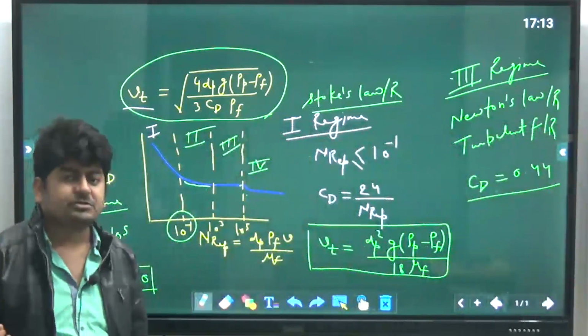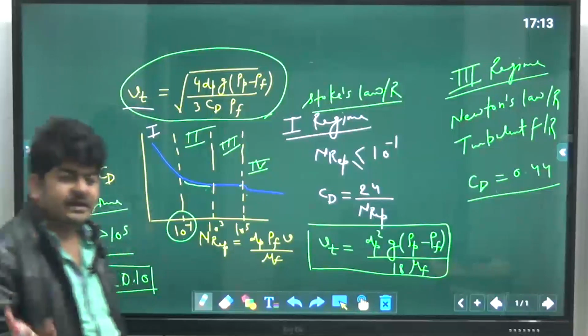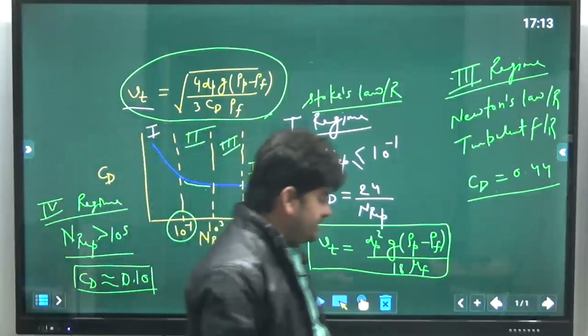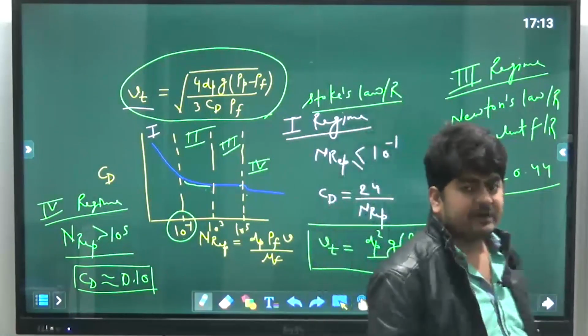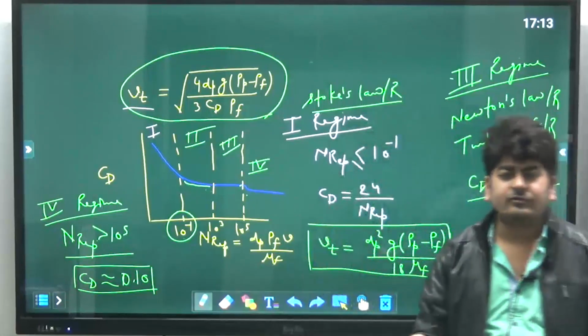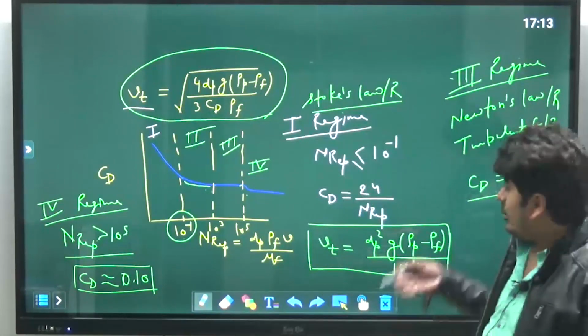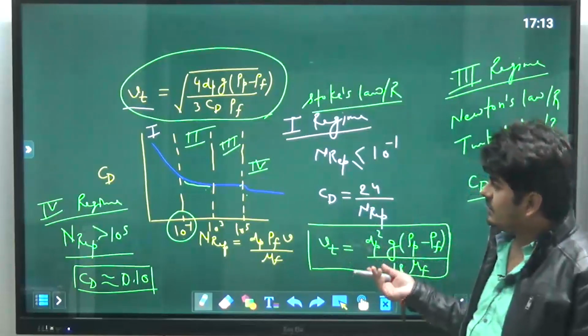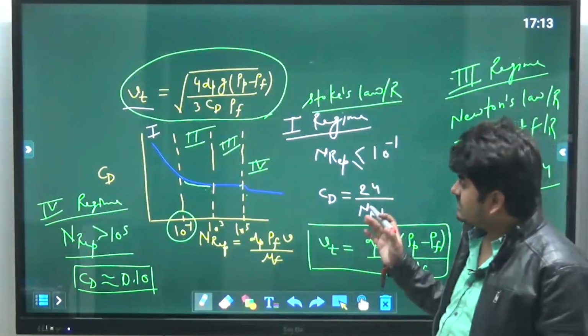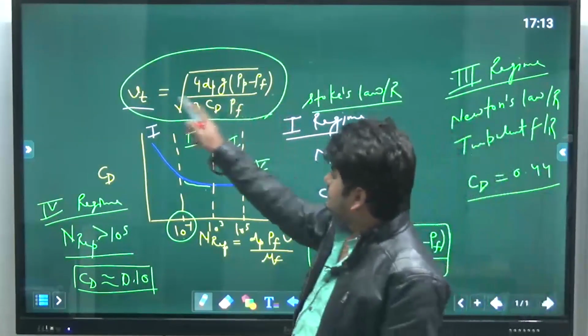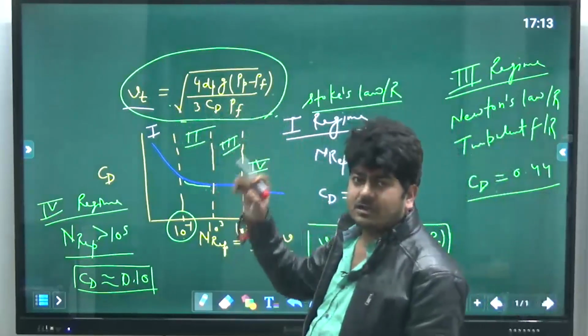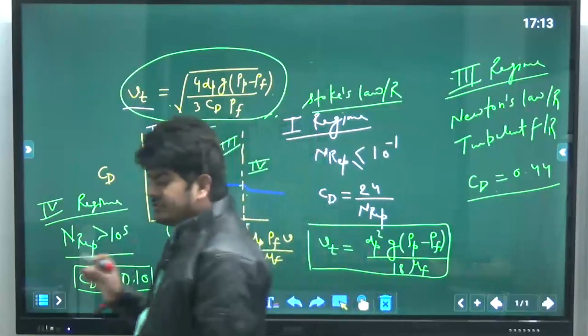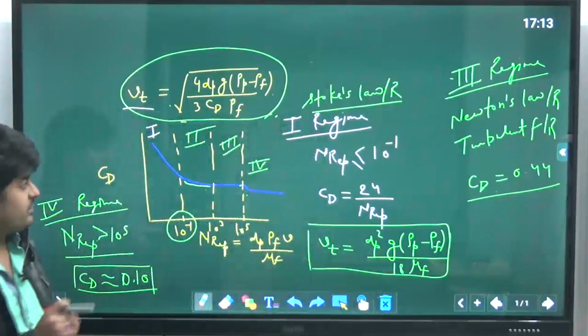Now here, they can ask either directly to calculate the terminal settling velocity, or they can give the value of terminal settling velocity and ask you to find the viscosity or the density of the fluid or anything. Whatever they are asking, you can calculate using the suitable equation.